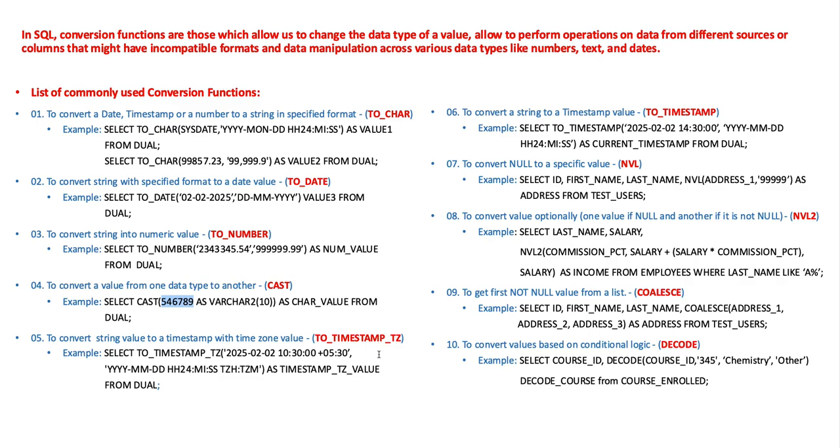Number 5, to_timestamp_tz function. To convert a string value to a timestamp with time zone value, we use the to_timestamp_tz function. I have provided here date, hour, minute, second, and time zone.